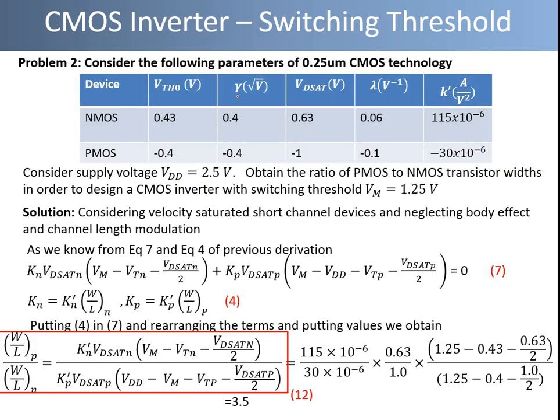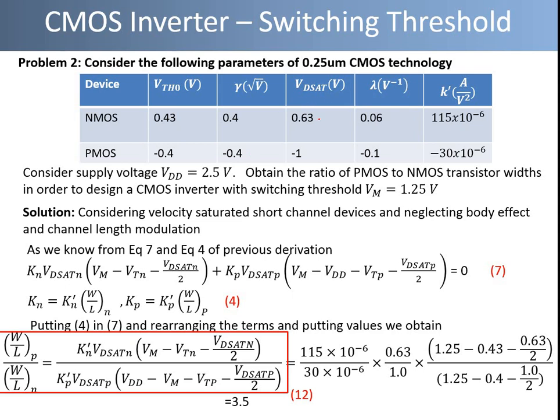Now let us understand the switching threshold with another example which uses the practical parameters of 0.25 micrometer CMOS technology. We are given the following sets of parameters. VTH0 denotes the threshold voltage of NMOS and PMOS transistors under zero body bias condition. Gamma denotes the body effect constant.